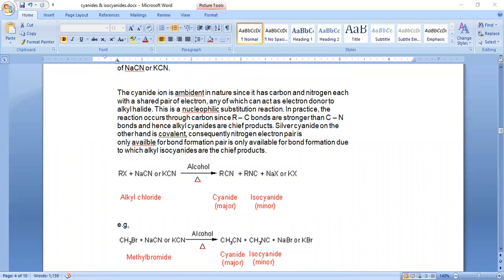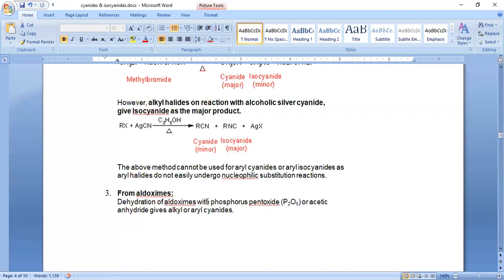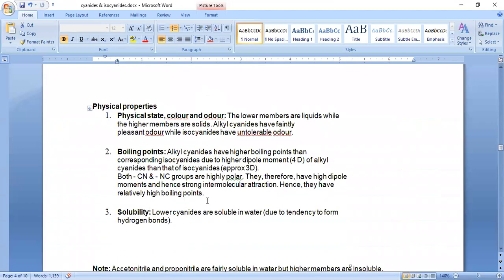Next, let's move on to the next topic: physical properties. Generally, under physical properties we observe the physical state, color, and odor. Lower members of cyanides are liquids, while the higher members are solids.